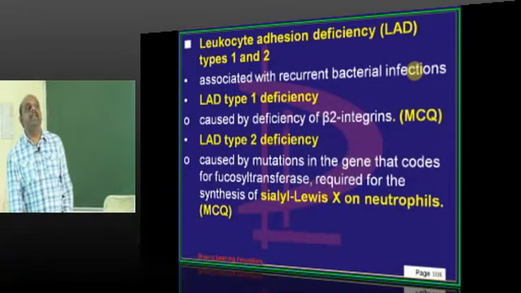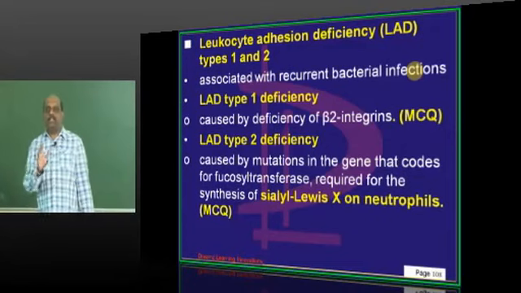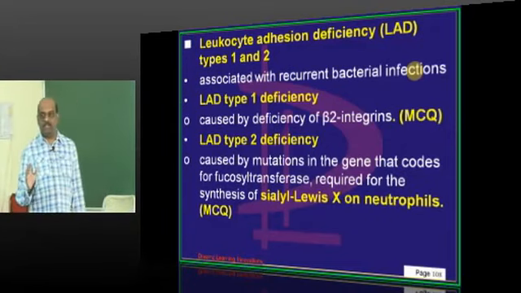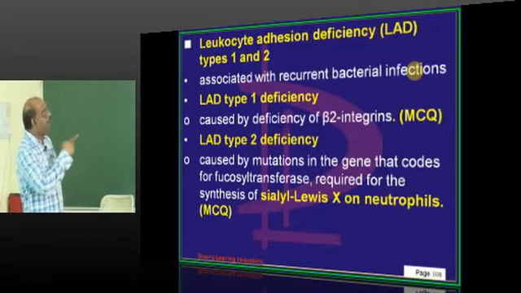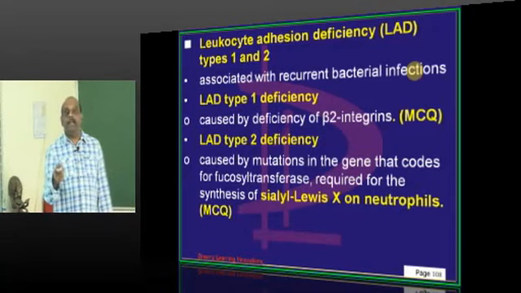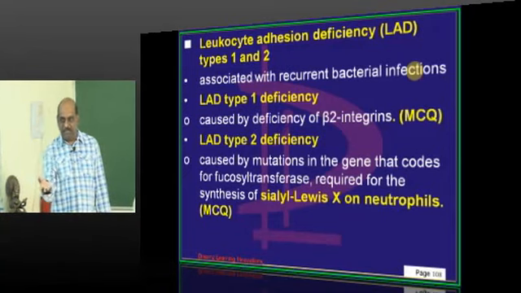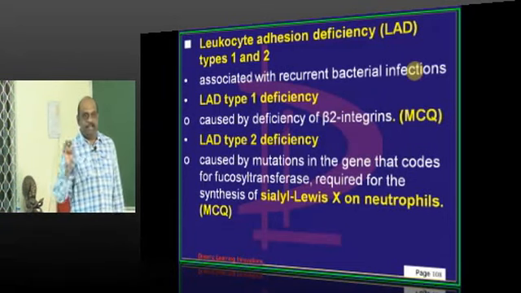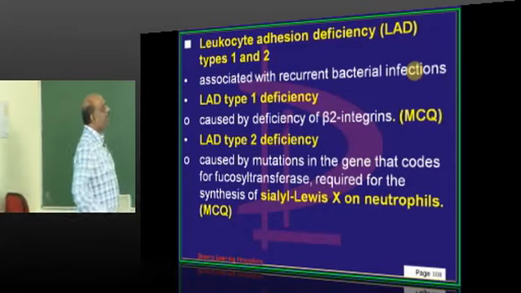Last but not the least in acute inflammation, leukocyte adhesion deficiencies, LADs, is another important one. We already studied it, where is LAD1, LAD2? You still remember? Just before we studied, no? The integrins, selectins, cadherins, etc. There, that LAD1, right?